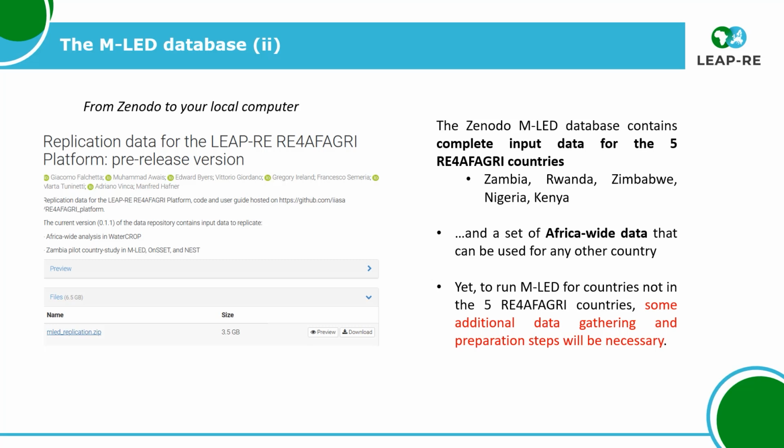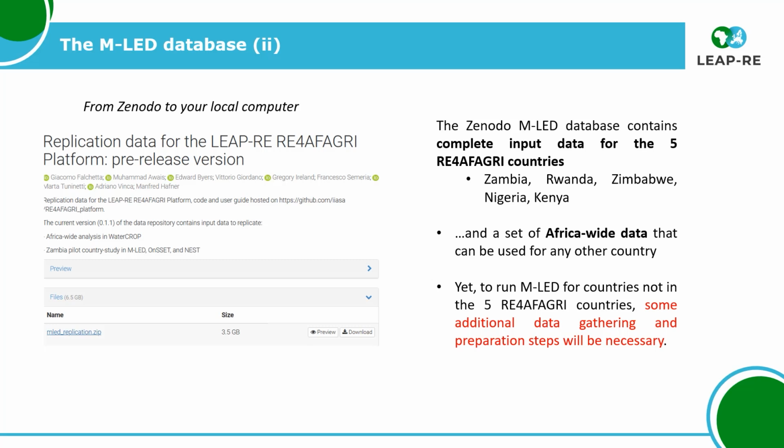However, it would not be sufficient on its own. For instance, downloading the Zambia replication folder would contain quite some information that would be relevant and useful for running a model for another country which is not part of these 5.